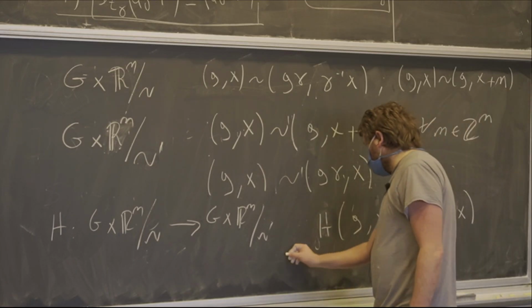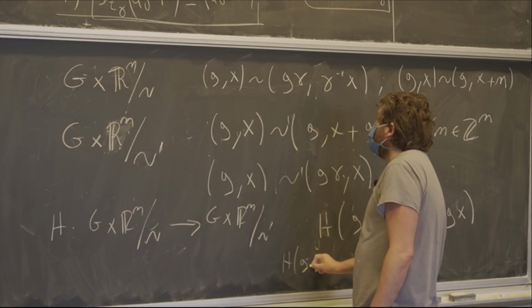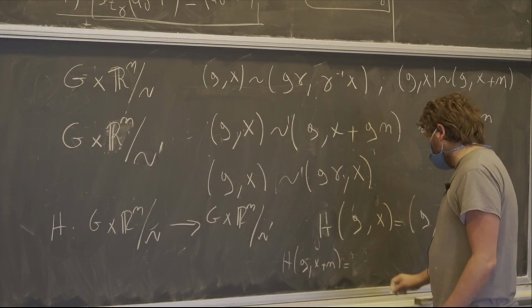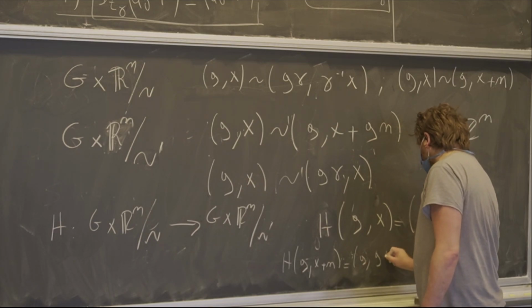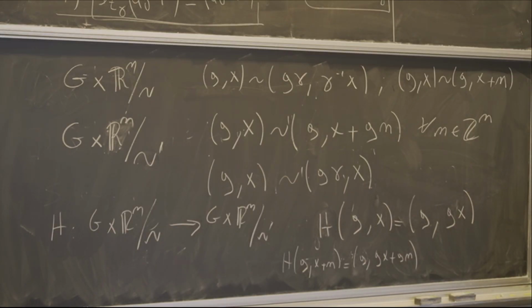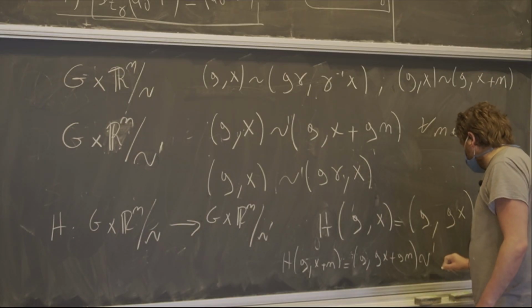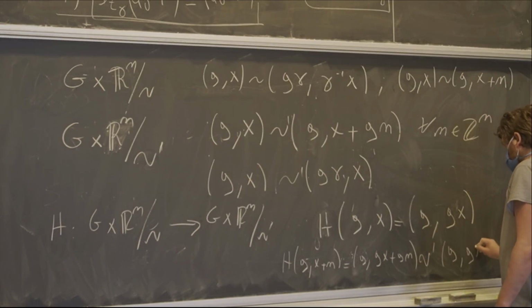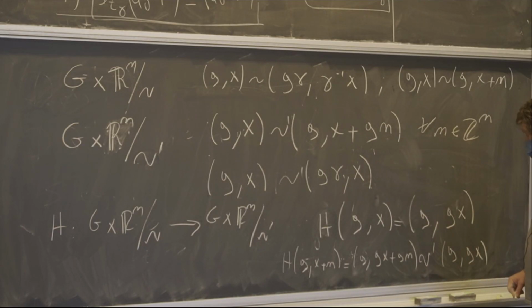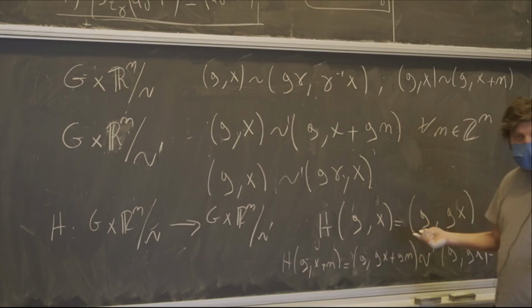So when I do H of Gx plus n, I get Gx plus Gn, and this is related prime with Gx, because that's how this prime relation works, and certainly this is equal to H of Gx, and Gx is related with Gx plus n.